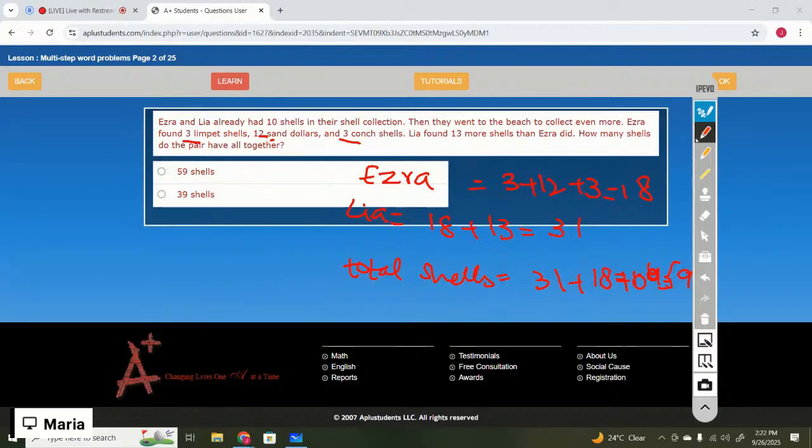That is 59 shells. The correct option is 59 shells.